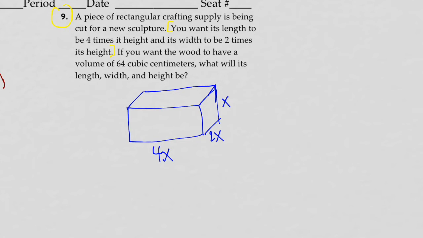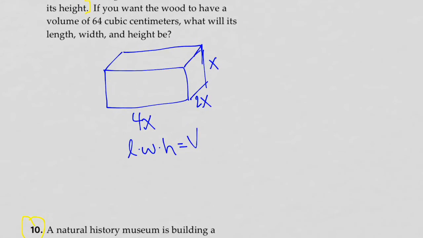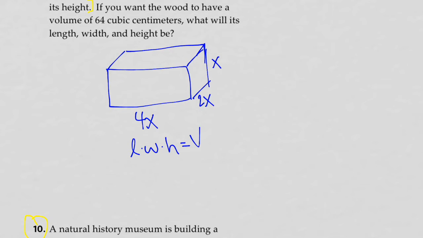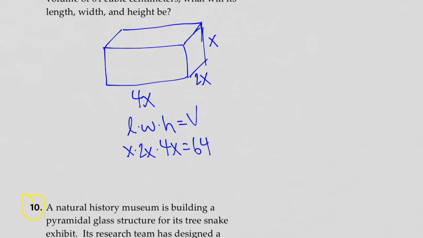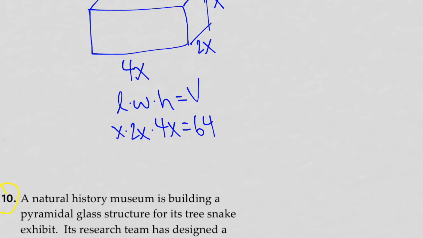Length times width times height equals volume, and you want the volume to be 64. So yeah, it's definitely much simpler than the other one. Length times width times height equals volume. We want the volume to be 64. So x times 2x times 4x equals 64. And now we solve. Multiply these three and you're going to get x times 2x is 2x squared times 4x is 8x cubed equals 64.